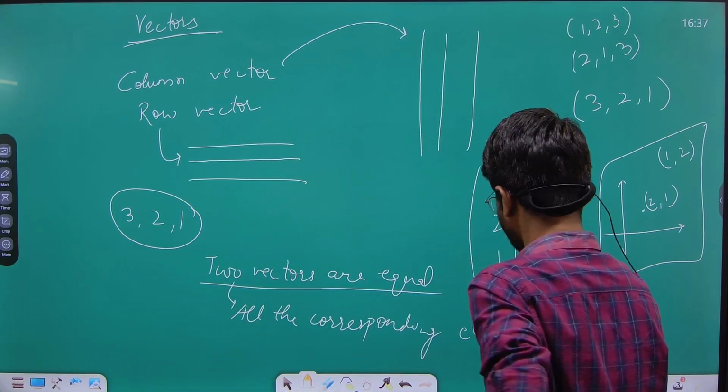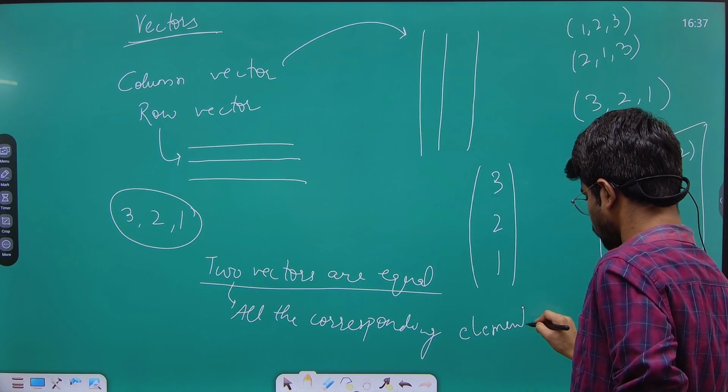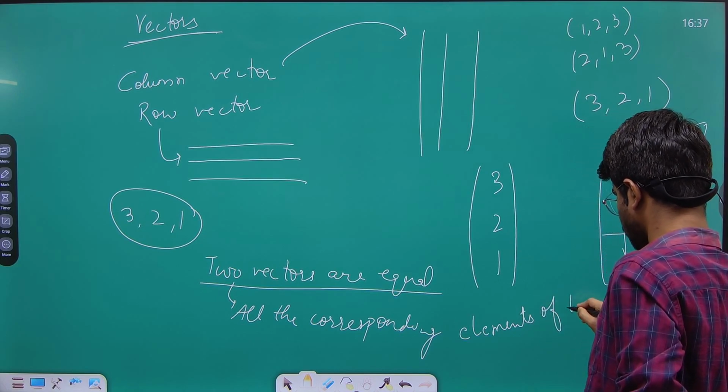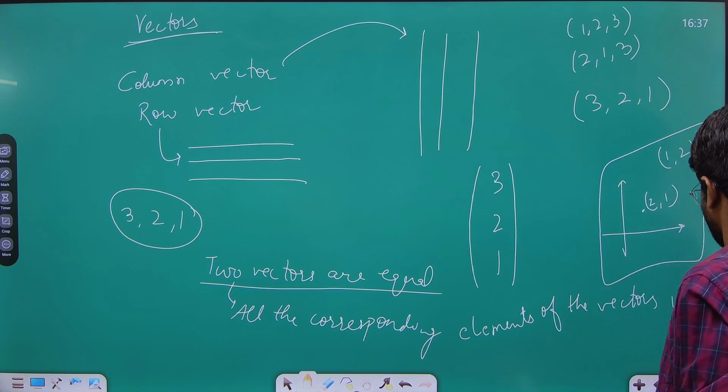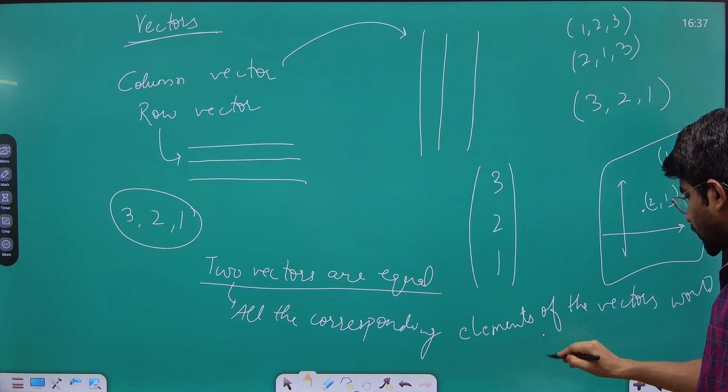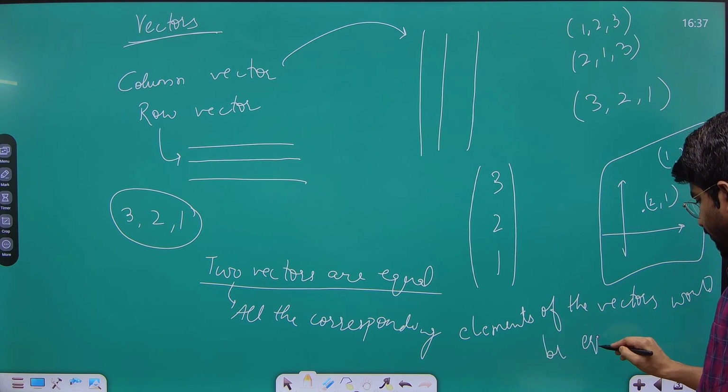Corresponding elements of the vectors would be equal or same.